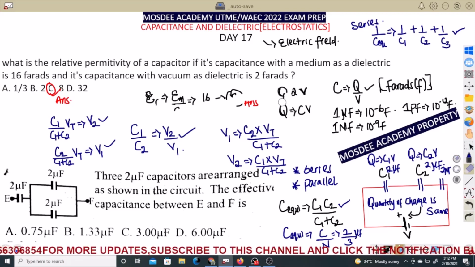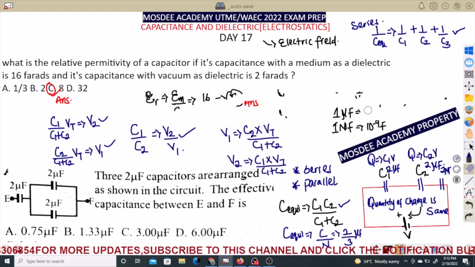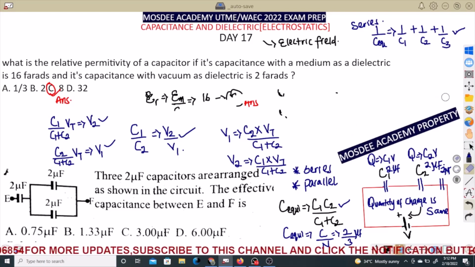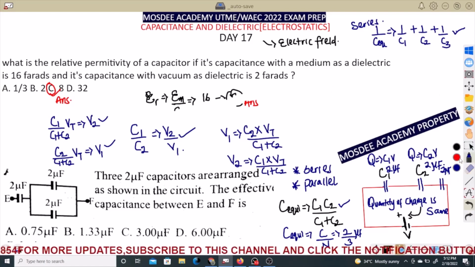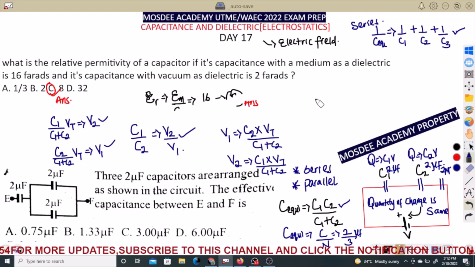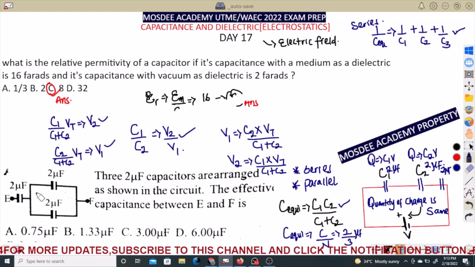When they are connected in parallel, like this and this, for this type of question, always keep it that V is the same for parallel. The amount of voltage that enters into this one will be the amount of voltage that enters the other, but Q is not the same. So always keep that at the back of your mind.